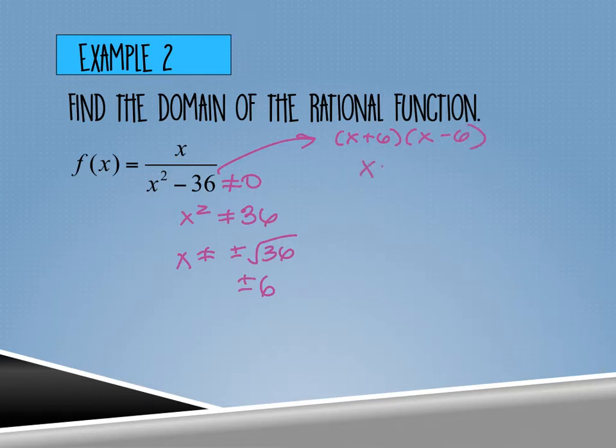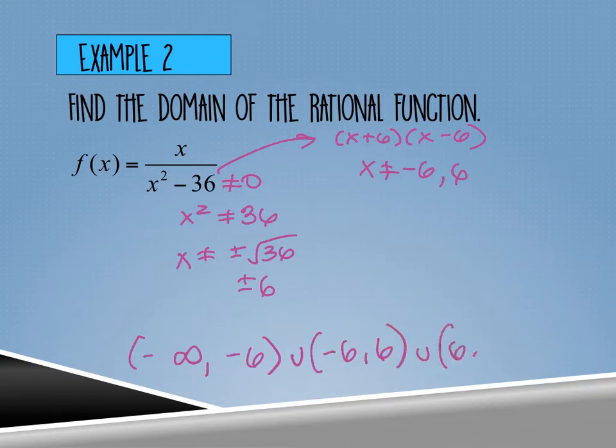Either way that you should get x cannot equal negative 6 and positive 6. And the way we write that in interval notation is negative infinity to the smallest one, which would be negative 6. Union the 2, so negative 6 to positive 6. Union the biggest one to positive infinity. So this is how you would write in interval notation all real numbers except negative 6 and positive 6.